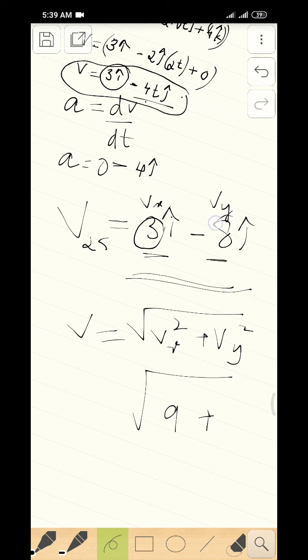So 8 squared, or minus 8 squared, we can consider likewise, because minus 8 into minus 8 and 8 into 8 are both 64.